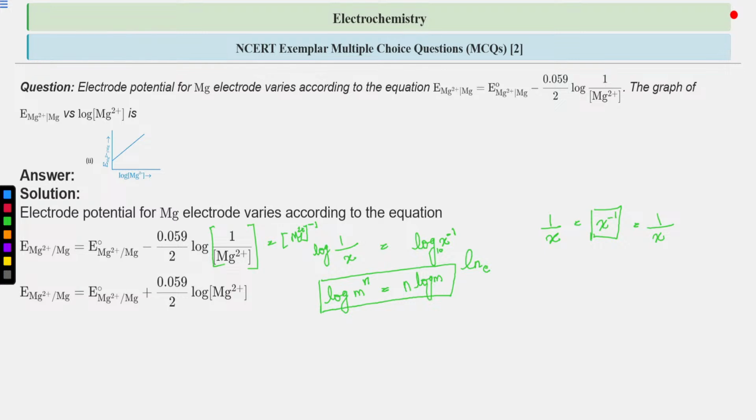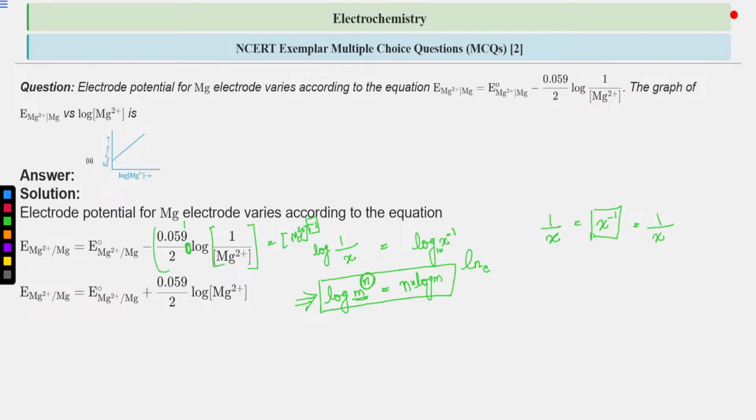Now, using this log property, log of m to the power n is equal to n times log m. That means whatever is present in the power of the log will come in the product form. So this n will come here in the product with the log of m. Here the power is minus 1, so minus 1 will come here in the multiplication form.